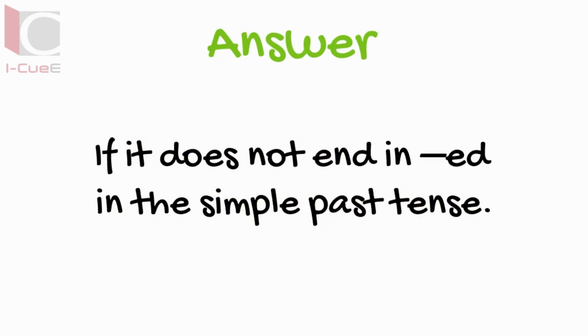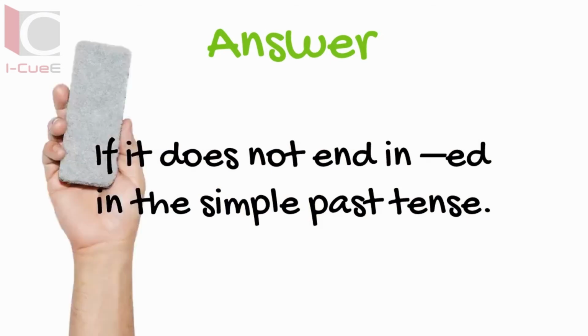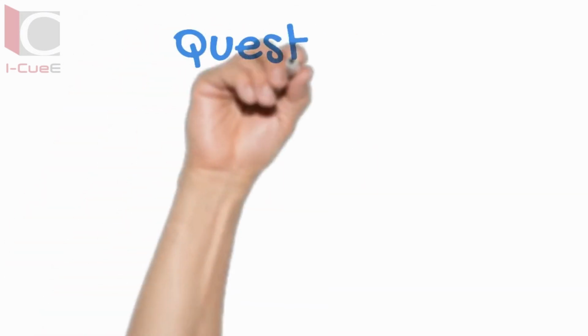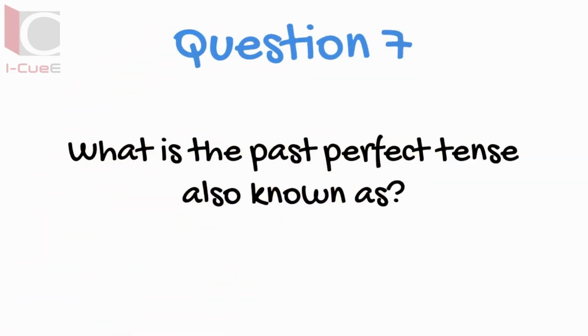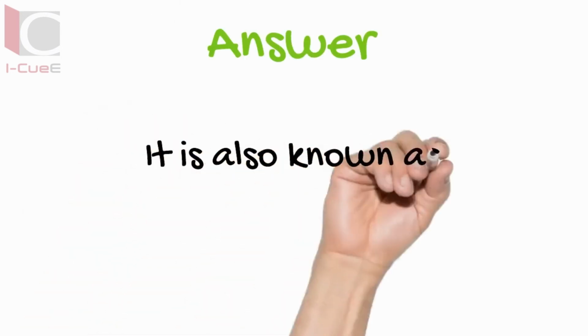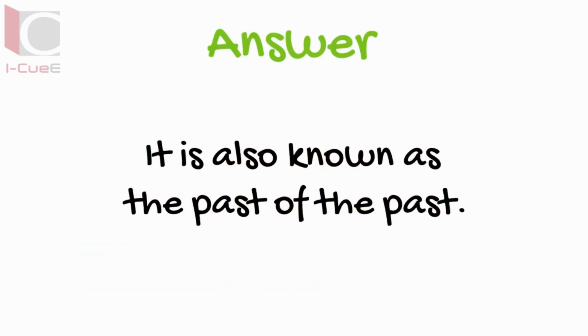If it does not end in ed in the simple past tense. What is the past perfect tense also known as? It is also known as the past of the past.